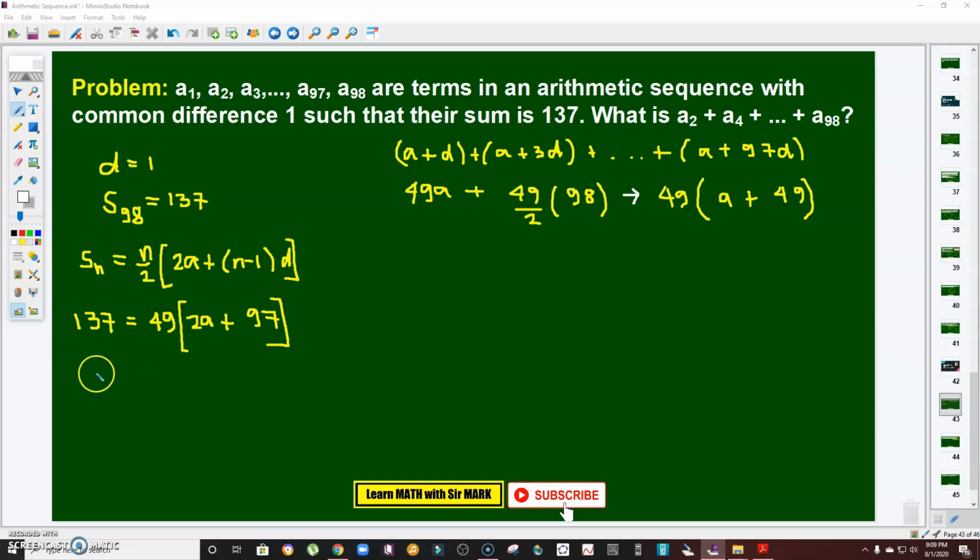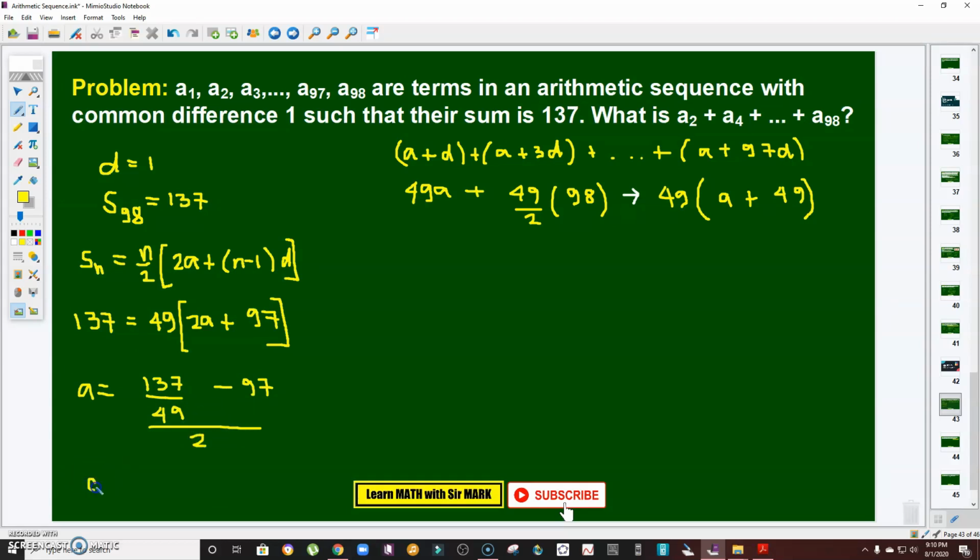So the a here we can write as 137 over 49, and then I'm going to transpose negative 97, all over 2. So this will be my value of a.